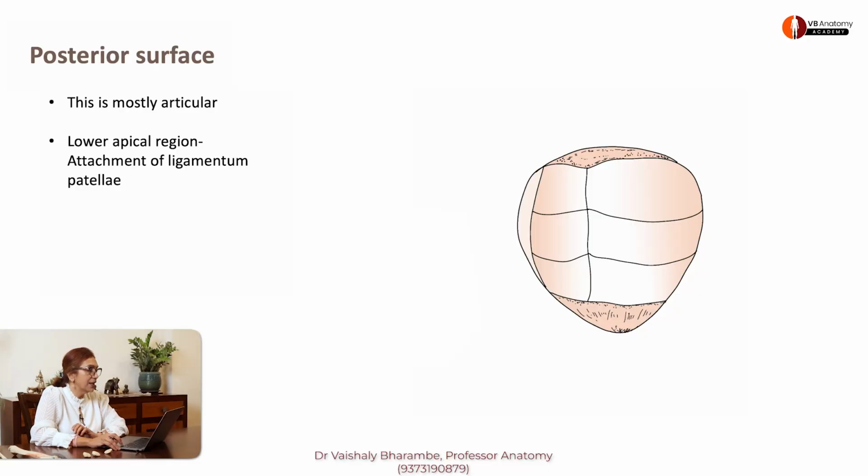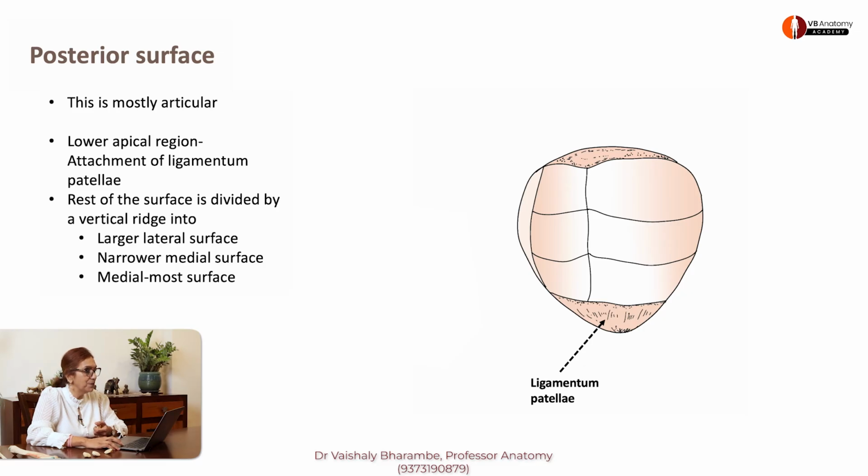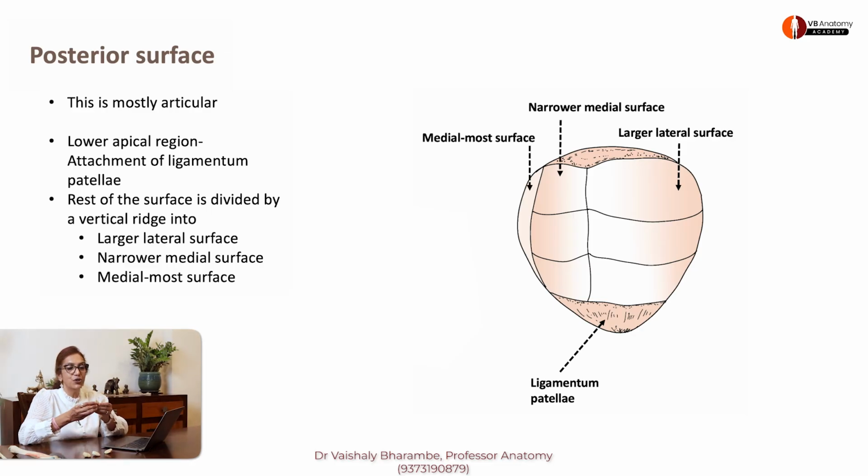Turn the bone over. We are now looking at the articular surface of the patella, with which it articulates with the lower end of the femur. You can see that at the apical region, the posterior surface of course gives attachment to ligamentum patellae. The rest of the surface is divided into a larger lateral side, a narrower medial side and a narrowest medial-most side.